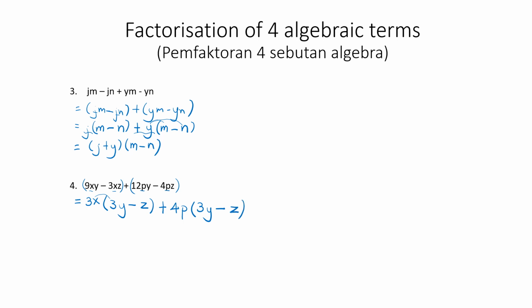This is z, so that I can get negative 4pz. And the last step is write the common factors only once. The common factors is 3y minus z, and the remaining will be 3x plus 4p. So 3x plus 4p, the common factors 3y minus z.